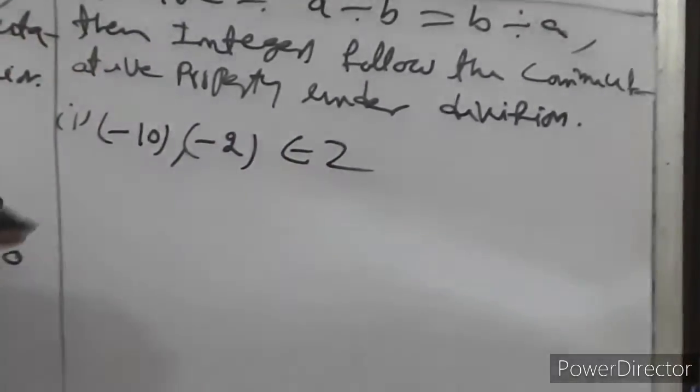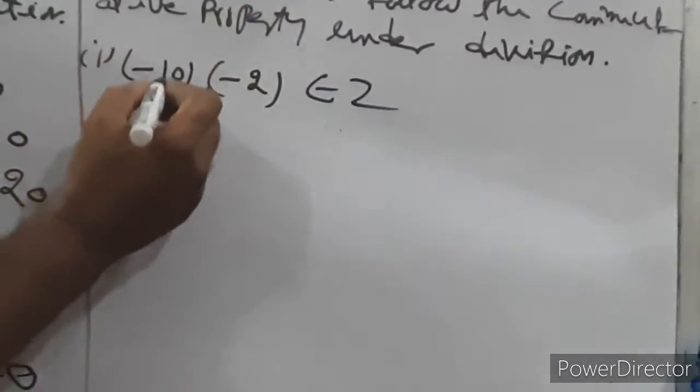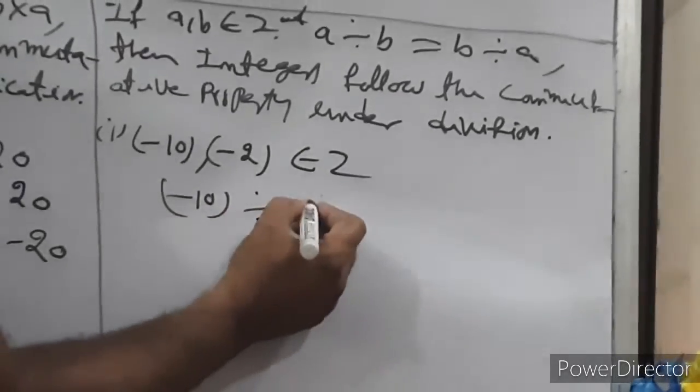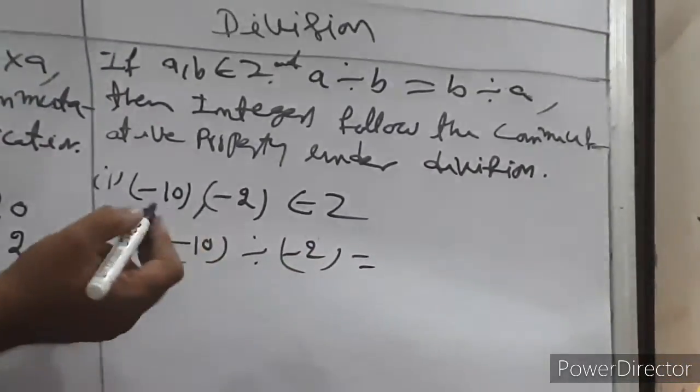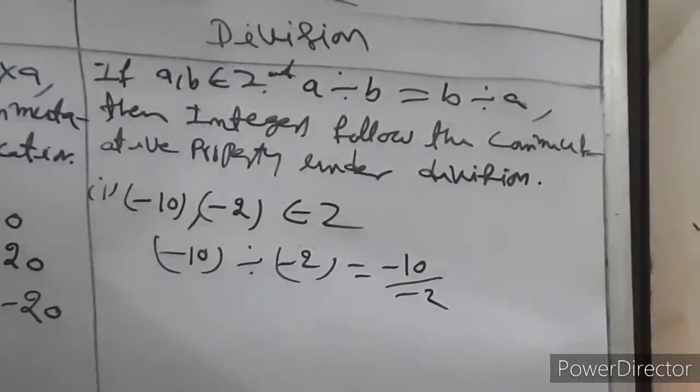Here taking minus 10 as A, minus 2 as B. Now we check A divided by B. A divided by B means minus 10 divided by minus 2, which is minus 10 by minus 2.